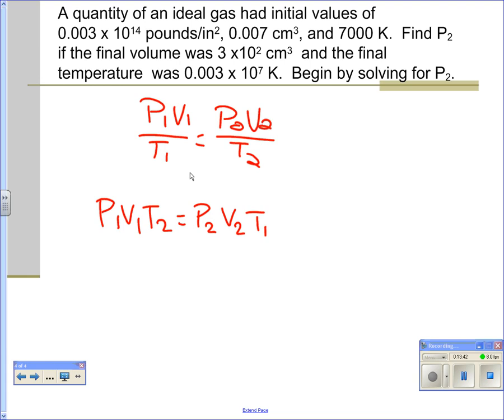Okay, will someone solve for P2? Do you agree? Okay.